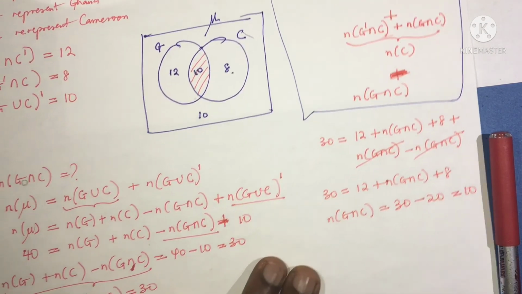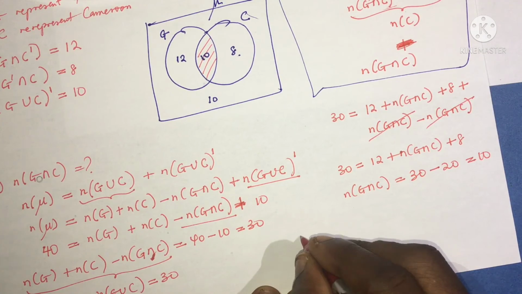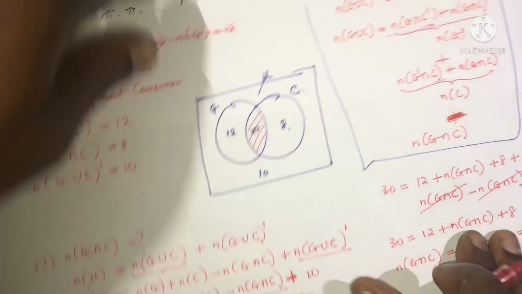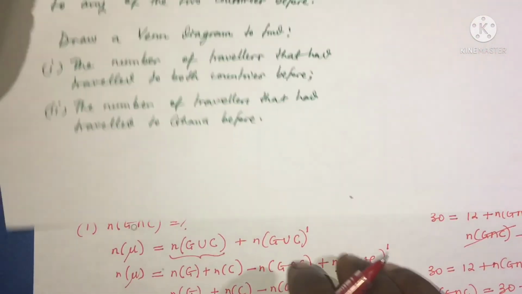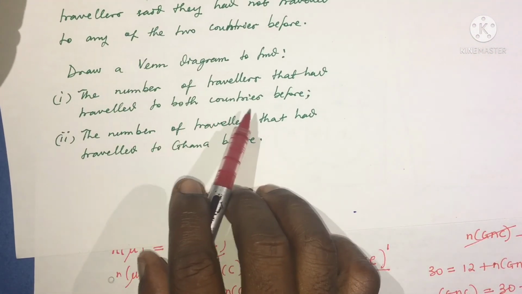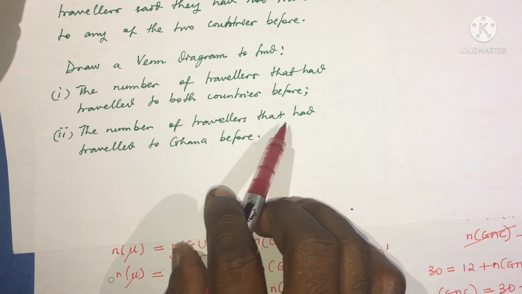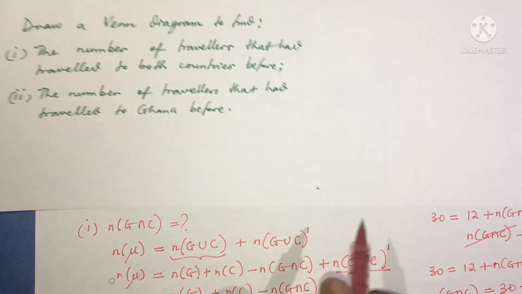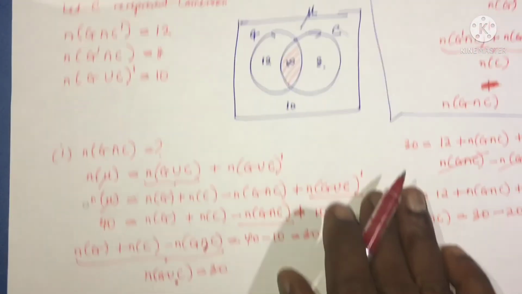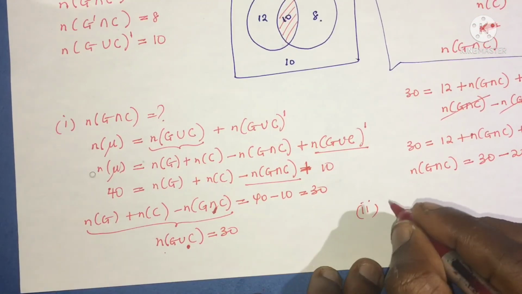Now let us go to question number 2. Question number 2 demands that we find the number of travelers that had traveled to Ghana before. So the number of travelers that had traveled to Ghana before is n(G).